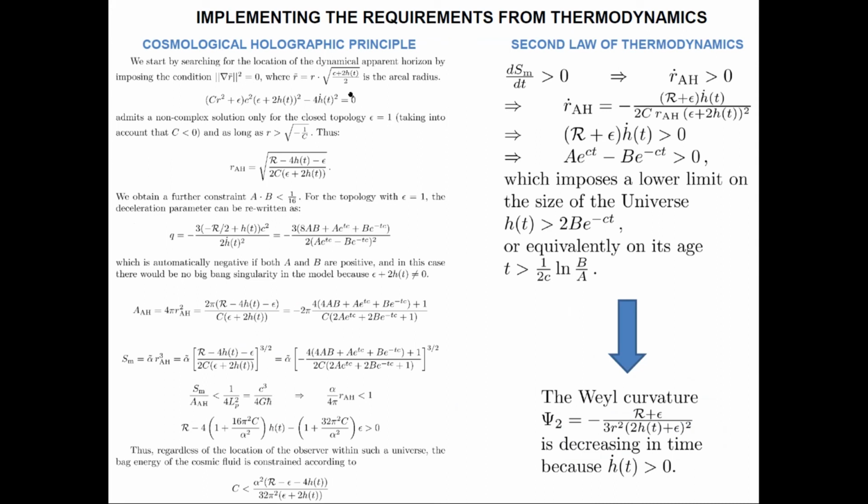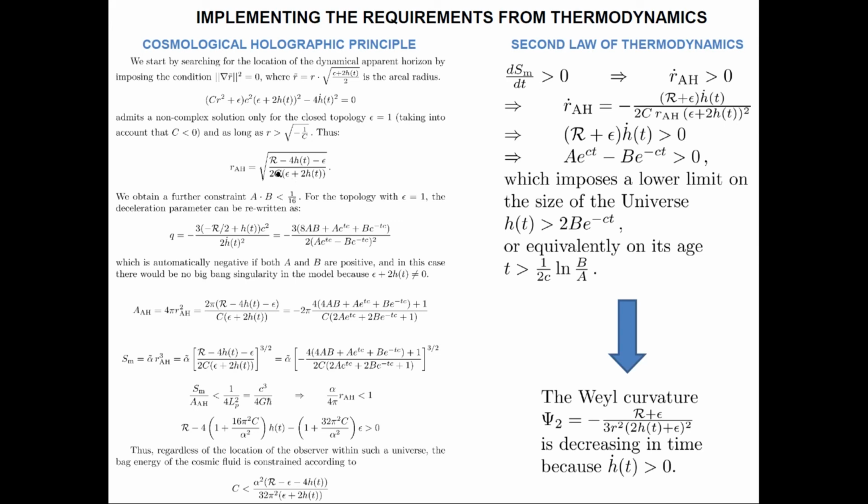I get an algebraic equation, and it can be seen that we will have a non-complex solution for R only for the closed topology, epsilon equal to 1, and when the constant C is negative. In such a case, we find the location of the dynamical apparent horizon.